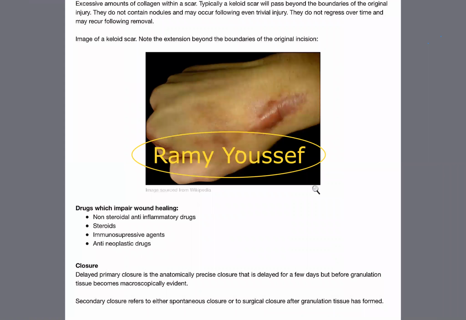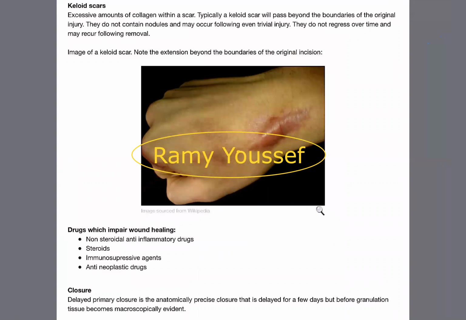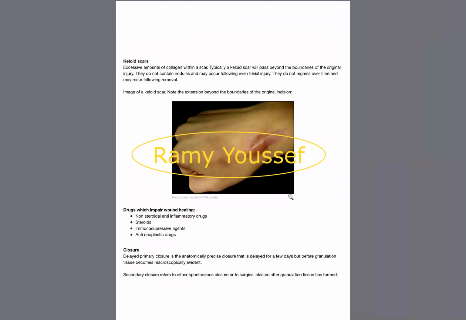This is a keloid scar. This is maybe a small wound, and it started to extend beyond the normal, and this is very common in extremities and on the chest wall.